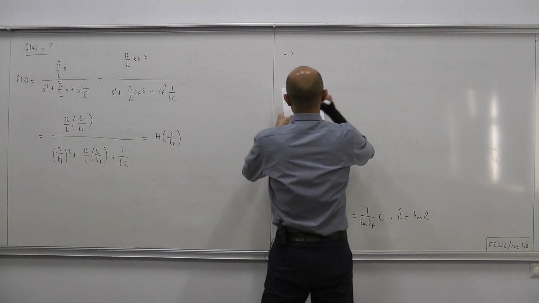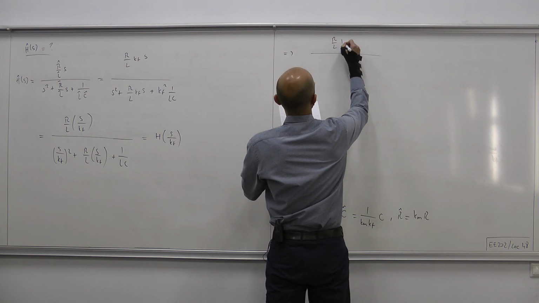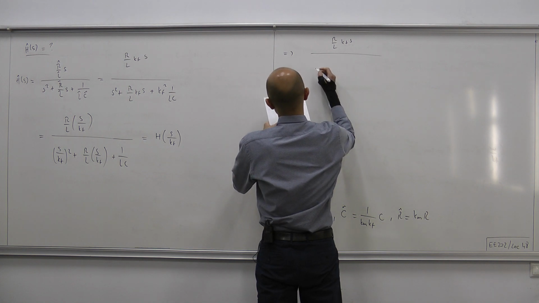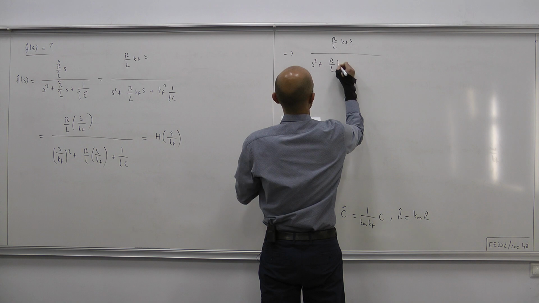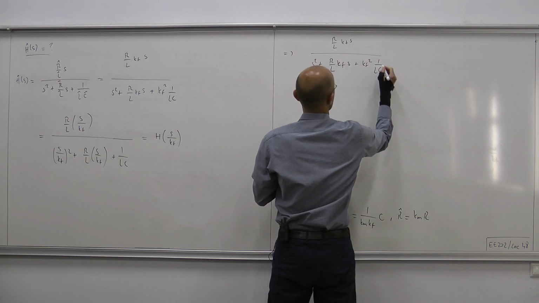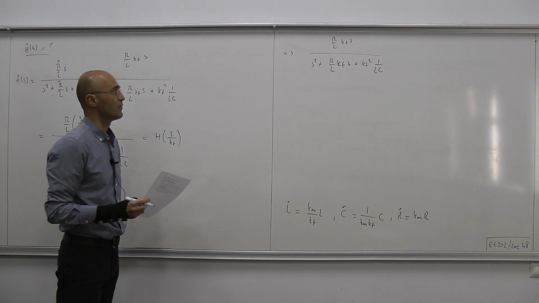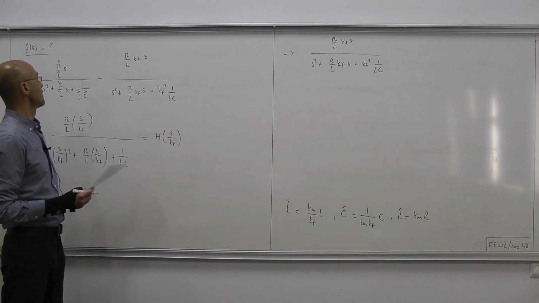So what we have is, let's rewrite it, r over l kf s over s squared plus r over l kf s plus kf squared 1 over lc. Okay, so that's our new transfer function h hat of s.